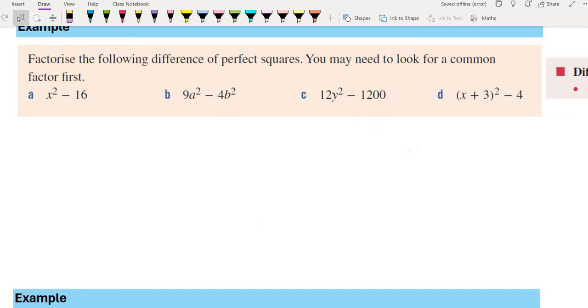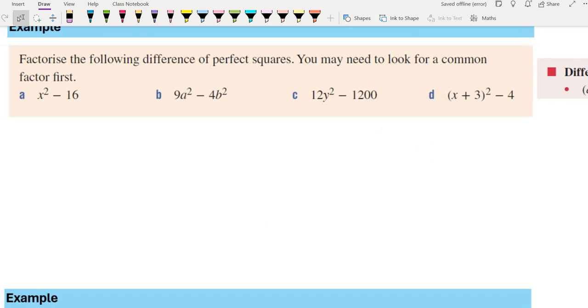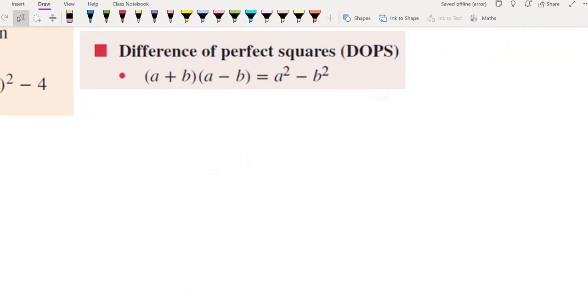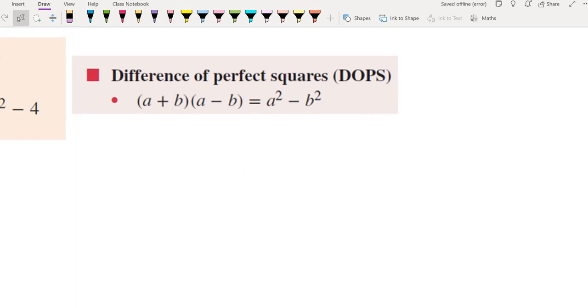Here we will use a different method following the idea of difference of perfect squares, or we say DOPS for this method. And the idea is that when we expand this and simplify like terms, we'll always end up with these two terms like this.